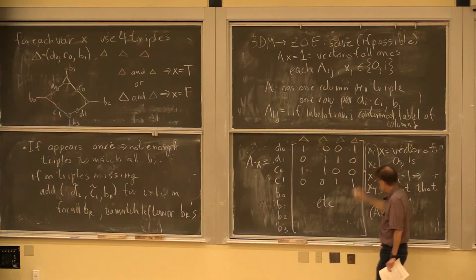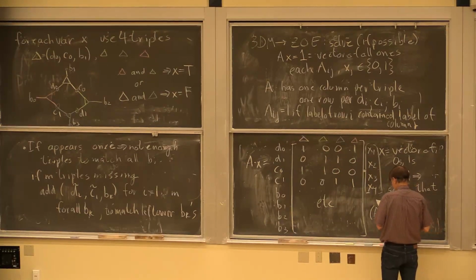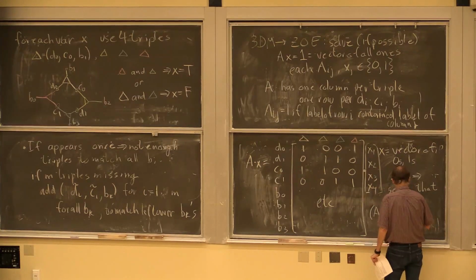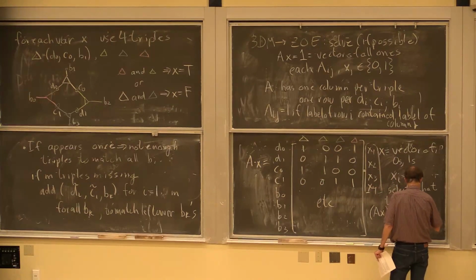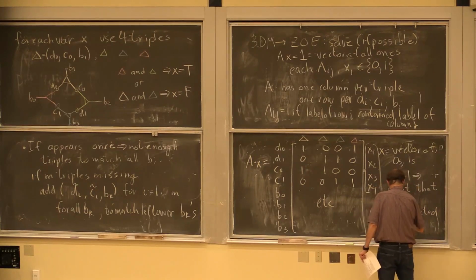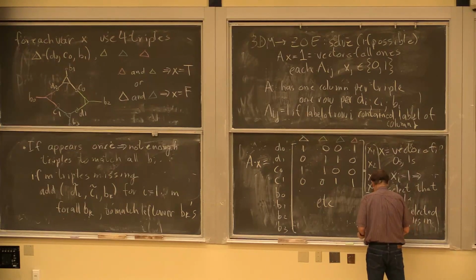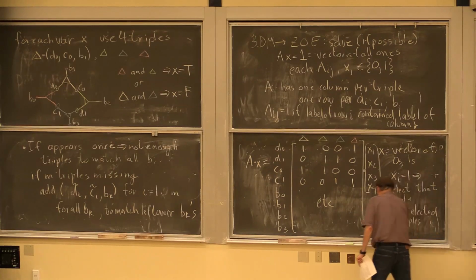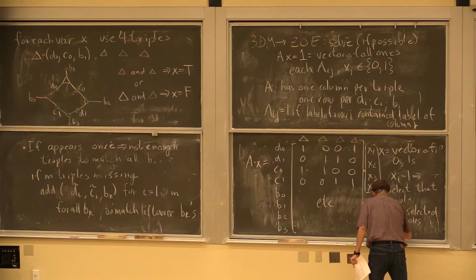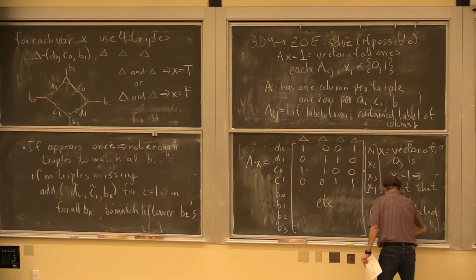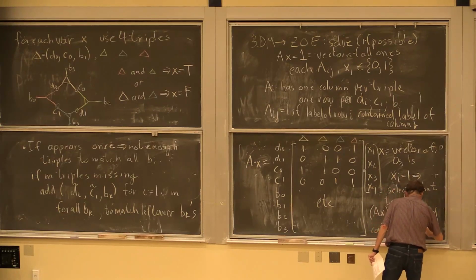So what I'm counting is the number of selected triples containing the label of row j.